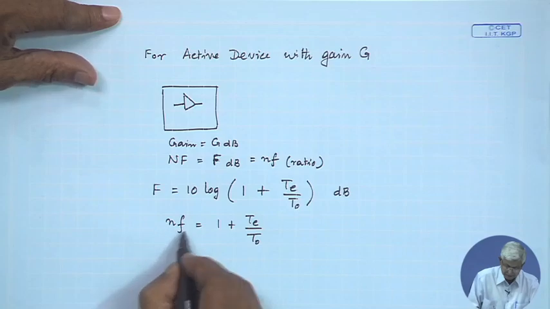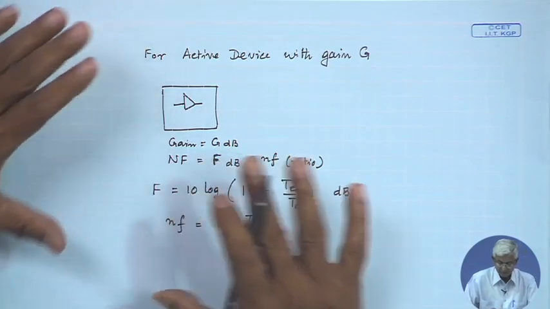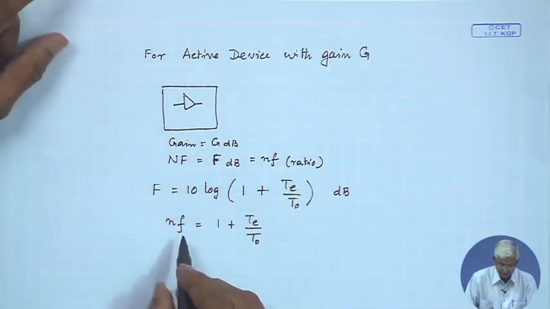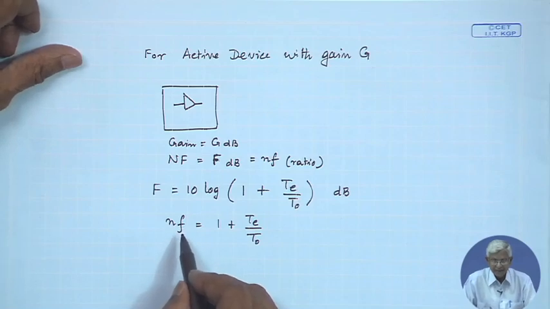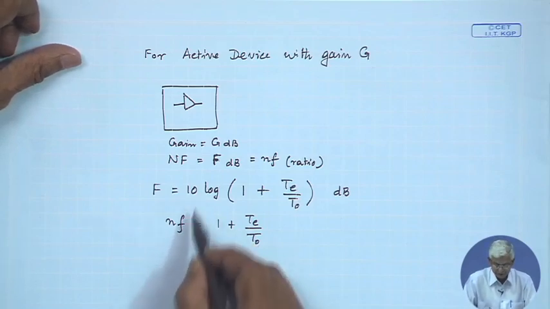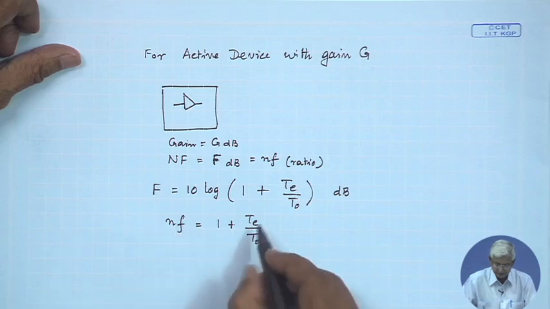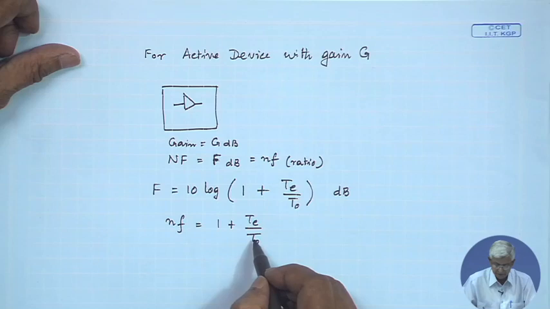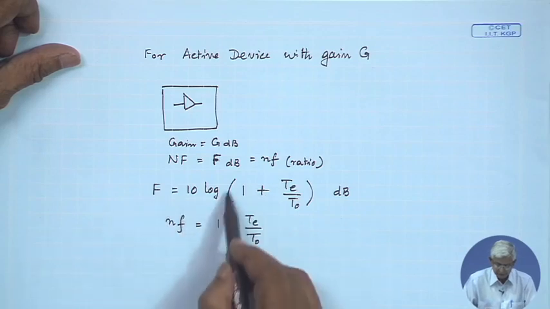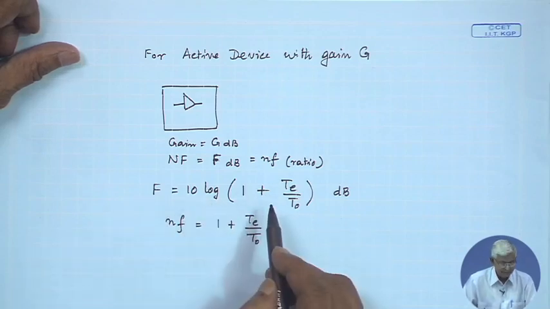Earlier we have said this one as capital F, just to make sure that you do not make any mistake. That is why we are calling it nf, that is ratio, not in dB. Don't confuse. When it is ratio, the temperatures are simply numbers in ratio, so Te by T0. When it is in dB, it has to be 10 log of that.